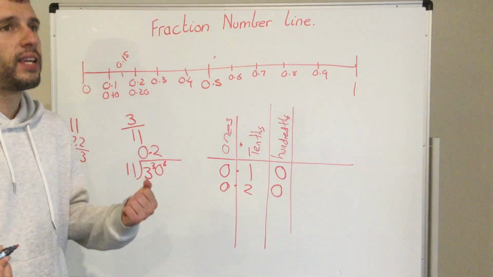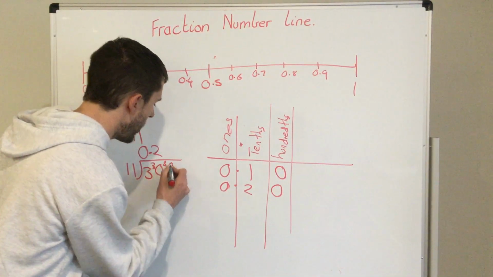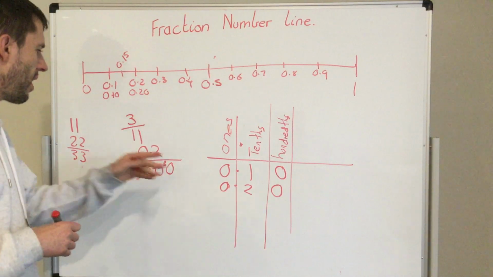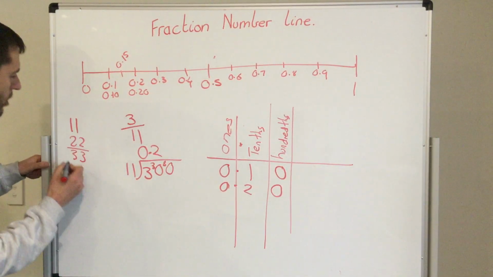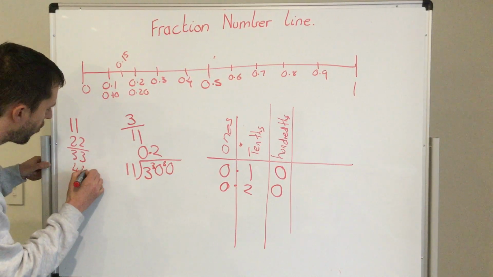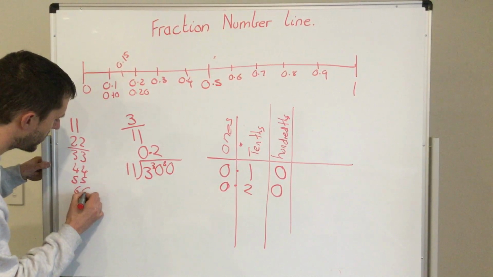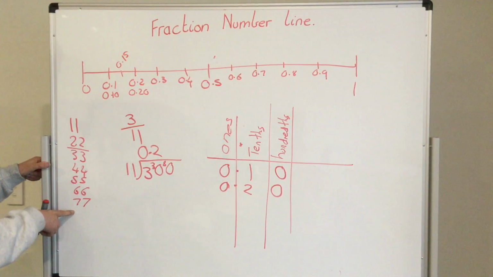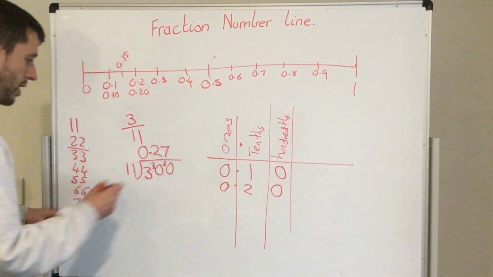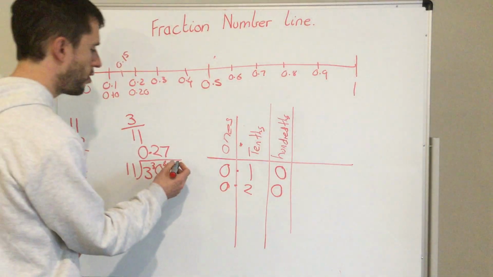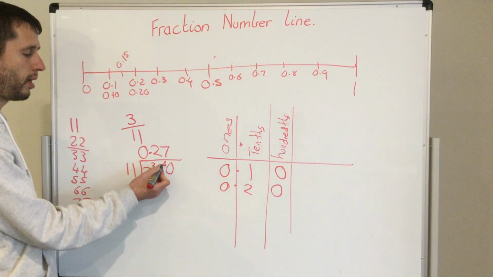So I've got 8 tenths turns into 80 hundredths. Now I've got 80 hundredths. I'll keep skip counting. 11, 22, 33, 44, 55, 66, 77. Oh, that will be the closest. So 7. And I've got 3 left over. So it's going to go back and forward.